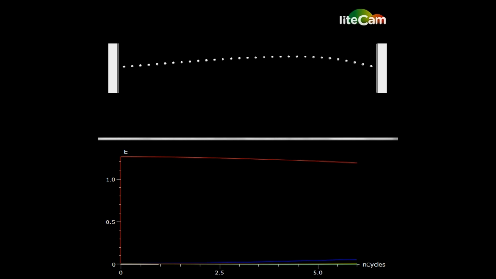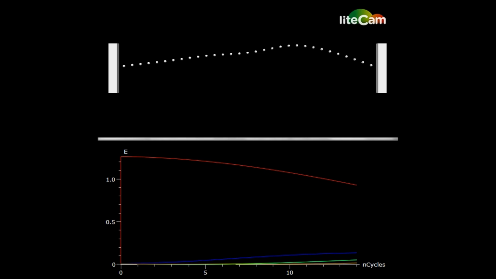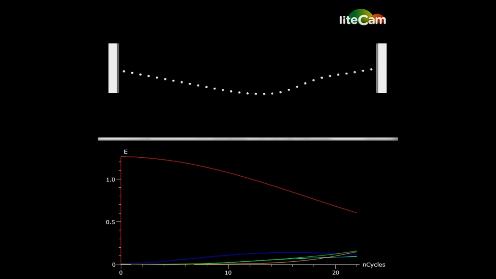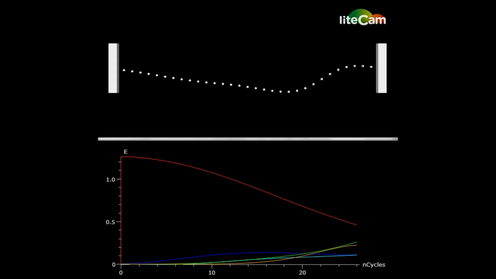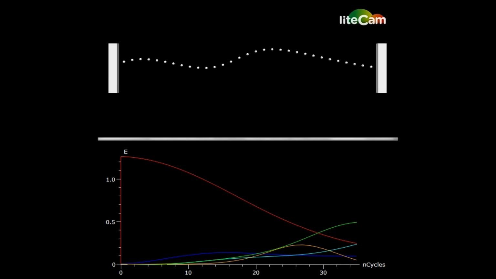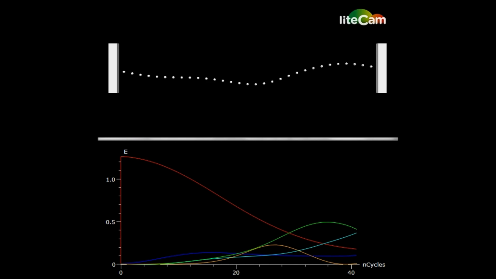We begin, understandably, firmly in the first mode. The other energies are approximately 0. This lasts for a very short time, after which we begin to decay into a more complex response. The 4th mode then dominates, followed by the 3rd.